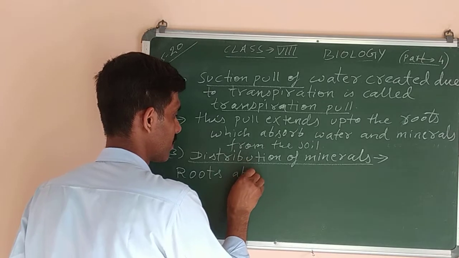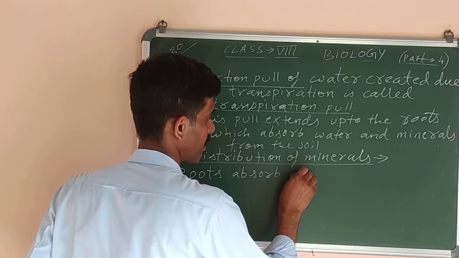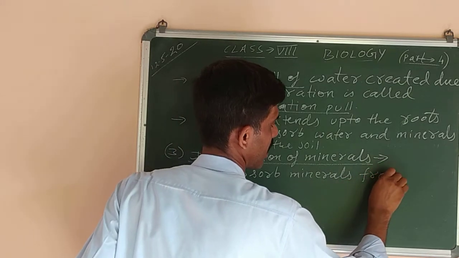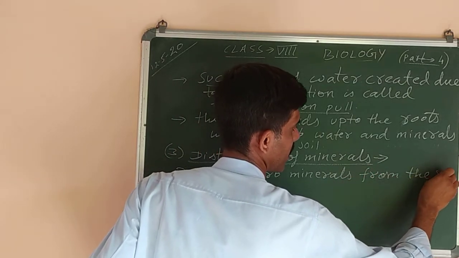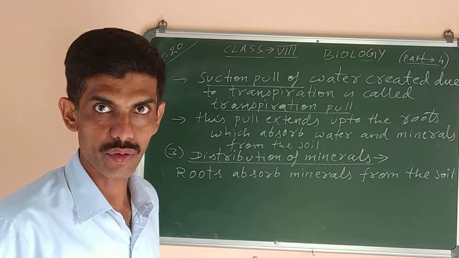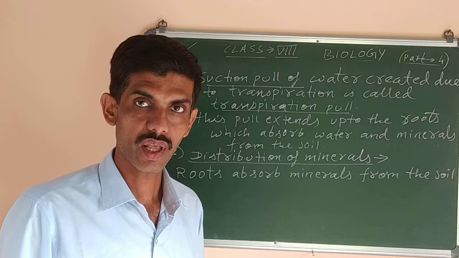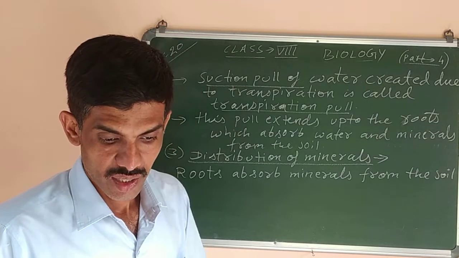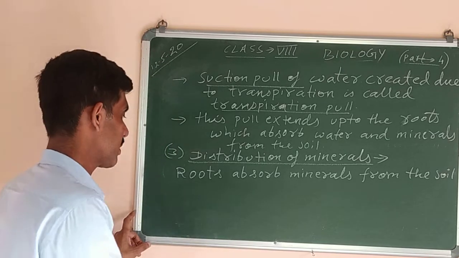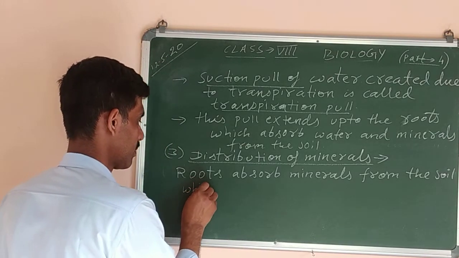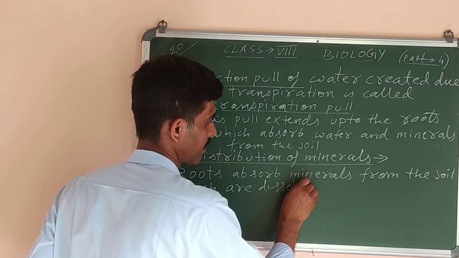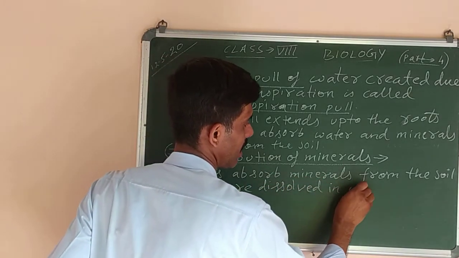Roots absorb minerals from the soil. Okay, this is known that roots absorb minerals from the soil. Along with the water, the minerals from the soil, which are dissolved in water.